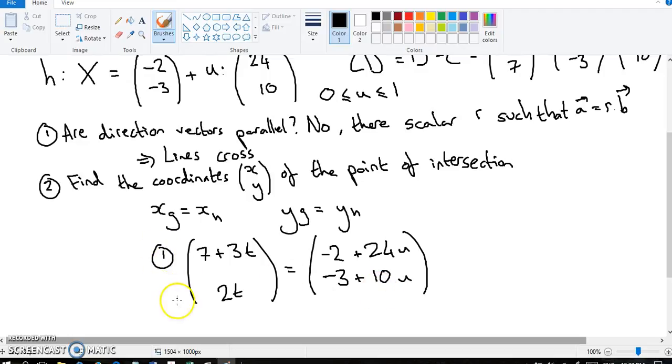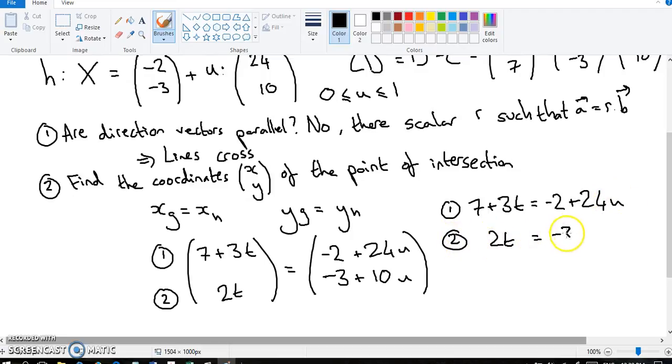So I can split those up into equation 1 and 2. So I have 1, that 7 plus 3t is -2 plus 24u, and 2, that 2t is equal to -3 plus 10u. I'll divide this one by 2 to get t is equal to -1.5 plus 5u.